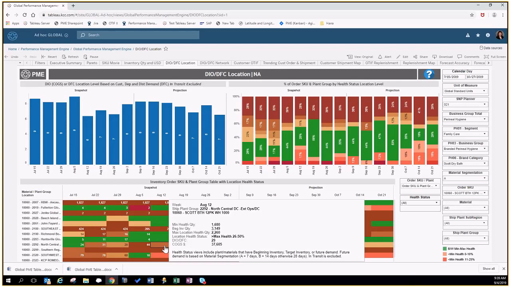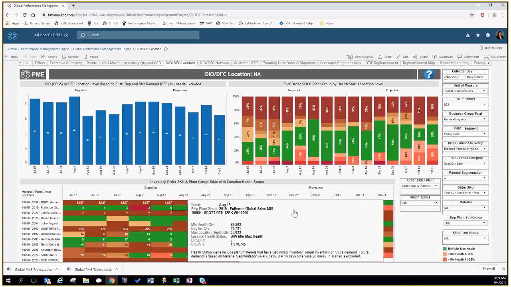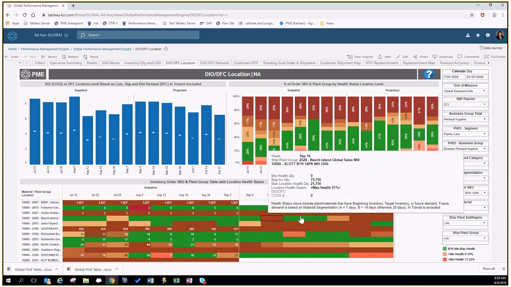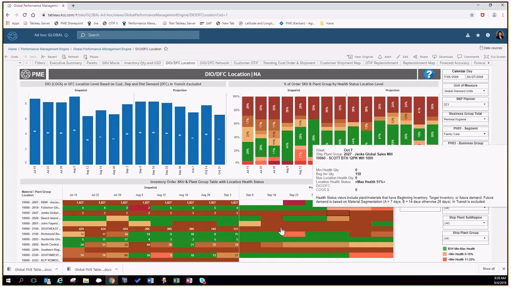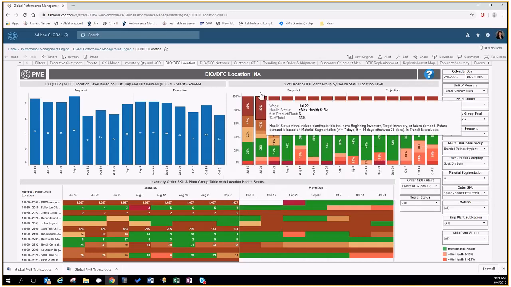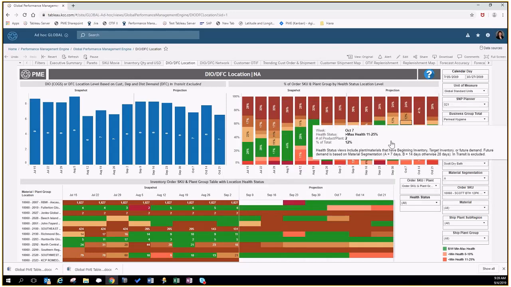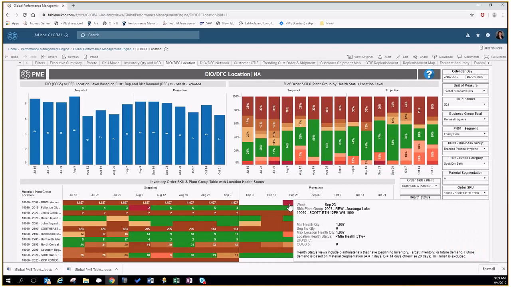The reason this didn't quite work is because it matches, since I'd already filtered to the order SKU. But anyway, over here in this upper chart, by the way, it's the exact same calculation on projection. So same fields, it's just in those weeks.